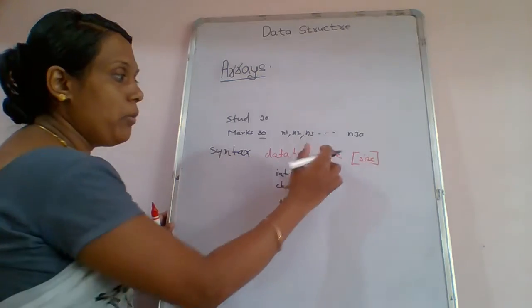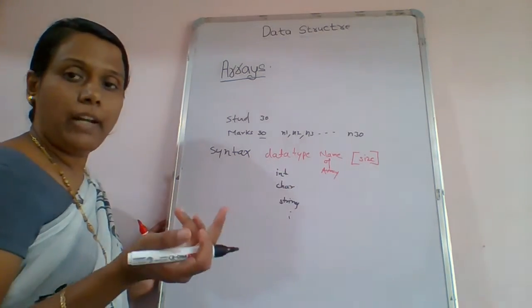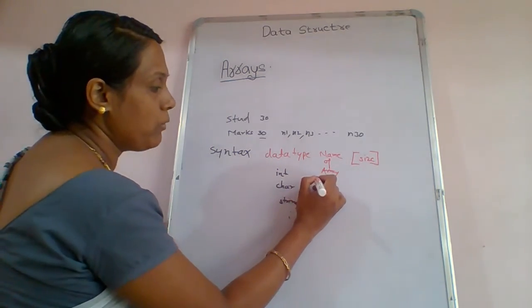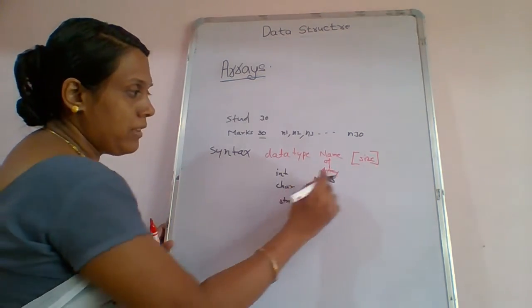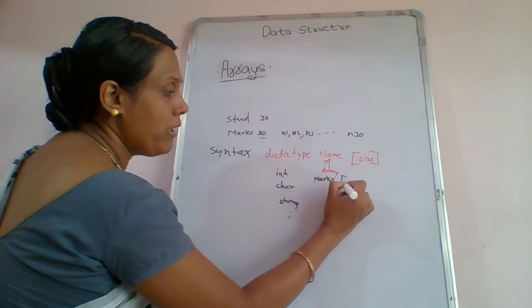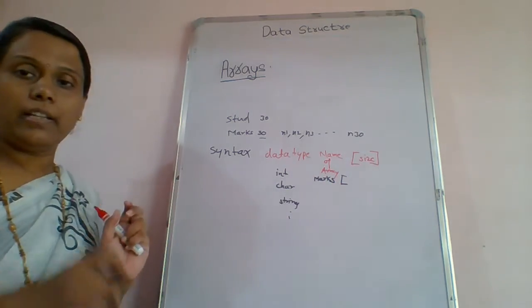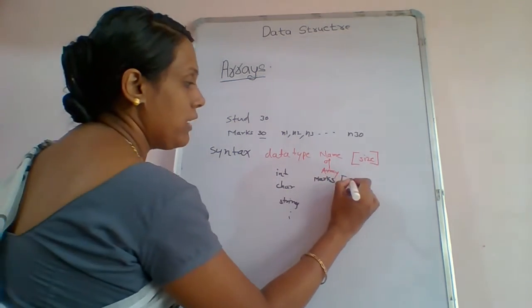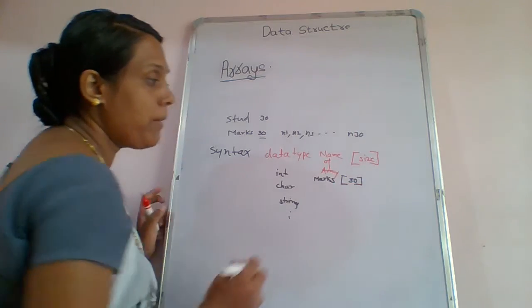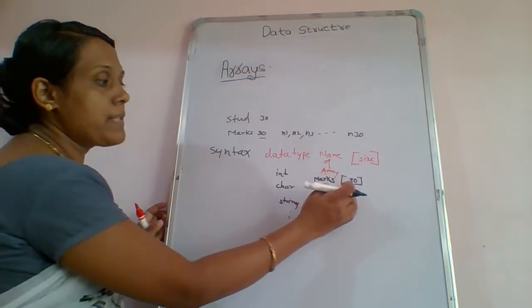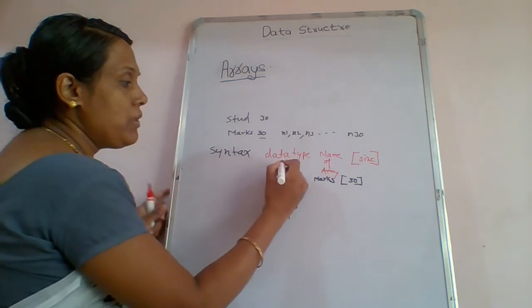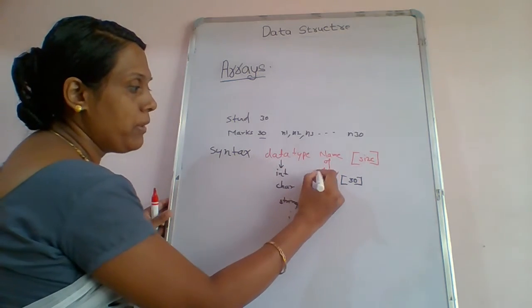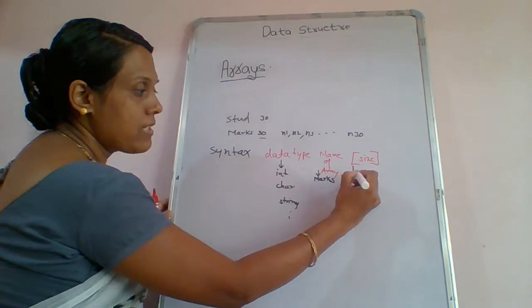For the name, you can give any name; suppose I give marks. Then the size: how much data you want to store in that array, you specify here. Suppose I want to store the marks of 30 students, so I specify 30. So int is the data type, the name of the array is marks, and the size is 30.